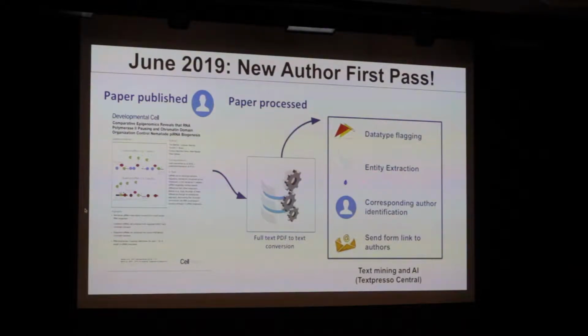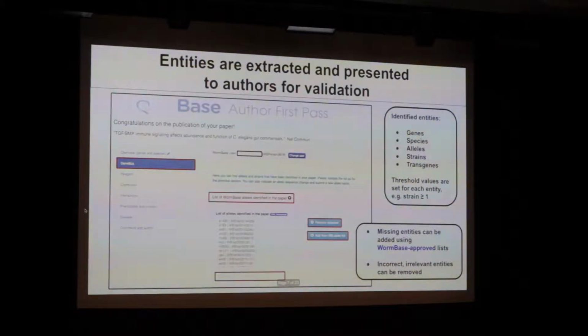Using standardized nomenclature, we will extract entities that we find, things like gene names, variations, transgenes. We will then extract the corresponding author email, and you will get an email in your inbox, so look for it, and check your spam folder just in case, where we will ask you to verify the information that our Textpresso-based pipelines have pulled out of the paper.